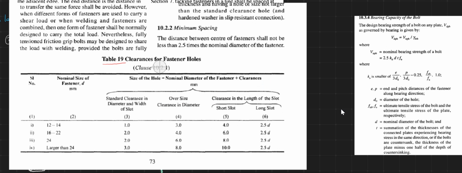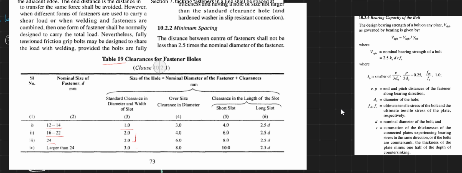In Table number 9 of IS 800:2007, the clearance for fastener holes for nominal sizes: from 12 to 14 mm, the standard clearance in diameter and width of the slot is 1 mm. From 16 to 24 mm it is 2 mm, and larger than 24 mm it is 3 mm. That is, for 12 to 14 mm diameter bolts we provide 1 mm clearance, and for 16 to 24 mm we provide 2 mm clearance.